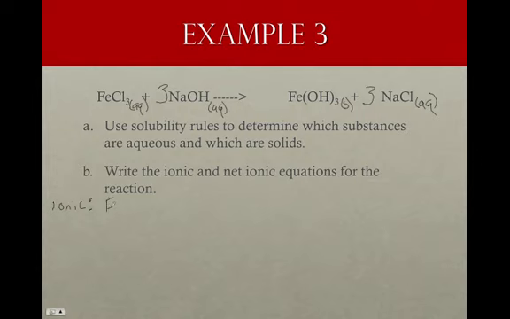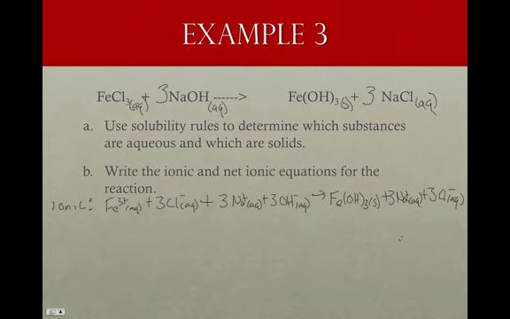So we're going to have Fe3+ aqueous plus 3 Cl- aqueous plus 3 Na+ aqueous plus 3 OH- aqueous goes to Fe(OH)3 solid plus 3 Na+ aqueous plus 3 Cl- aqueous.